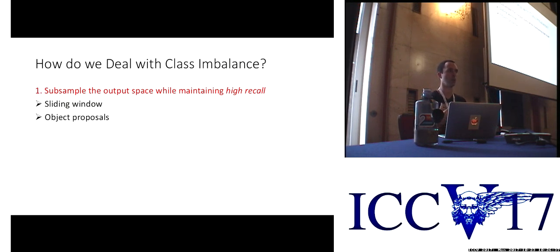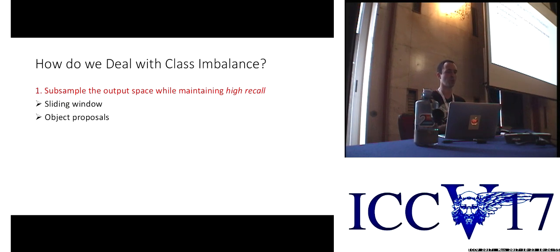The ones that come to mind are sliding window, in which a small set of discretely sampled spatial locations, aspect ratios, and scales are chosen to cover this large space.